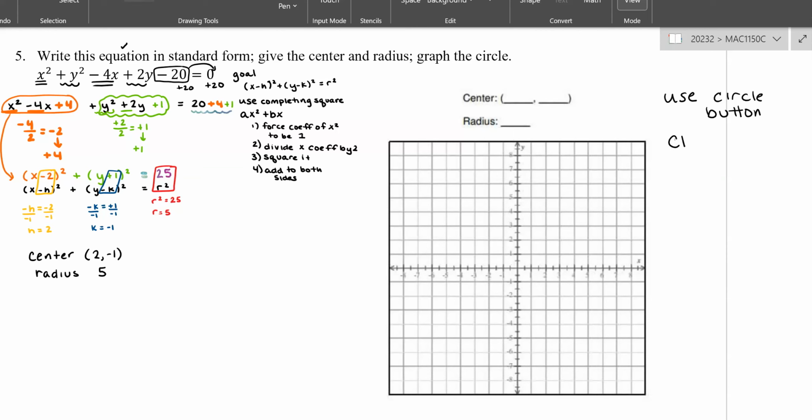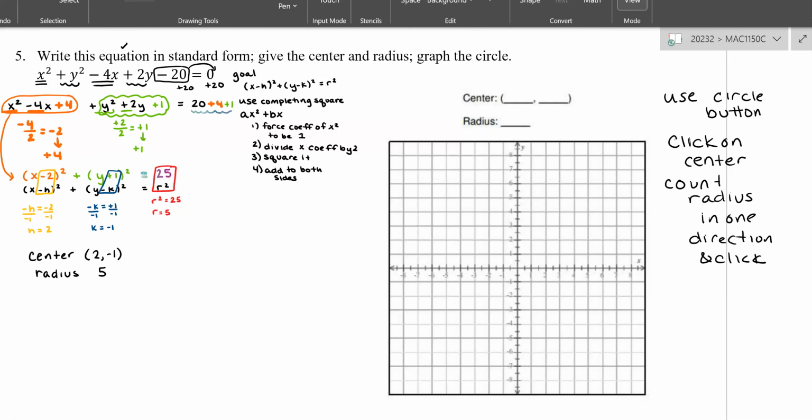So you're going to click on the center. Then you're going to count the radius in one direction, and click. And Alex gives you a beautiful graph.